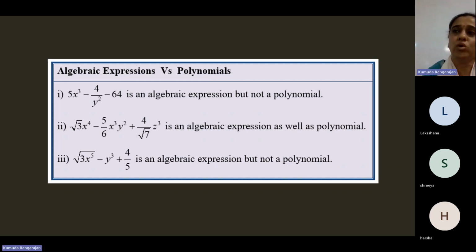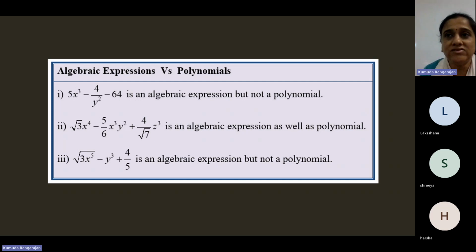An obtuse angle is an angle more than 90 degrees but less than 180 degrees. An acute angle measures less than 90 degrees. An angle which measures exactly 90 degrees is a right angle.